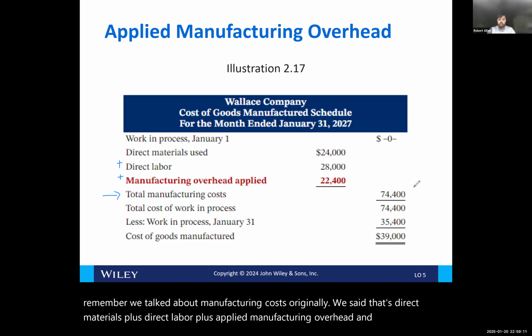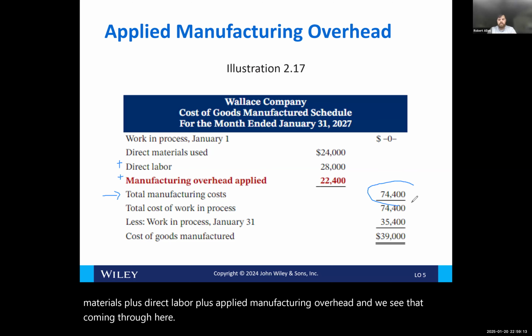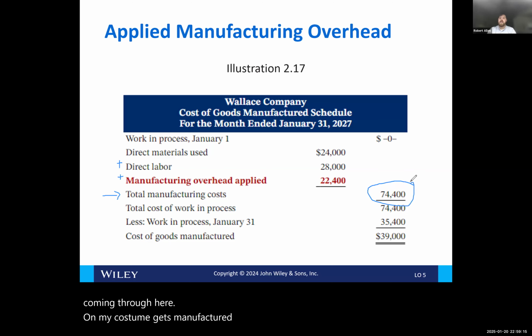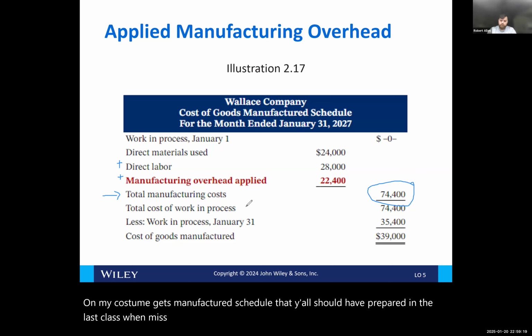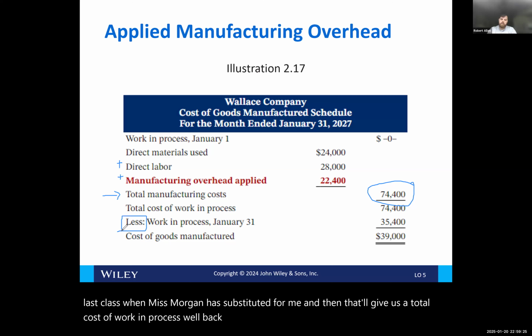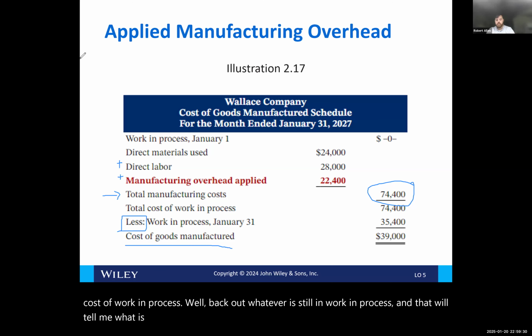And we see that coming through here on my cost of goods manufactured schedule that y'all should have prepared in the last class when Ms. Morgan substituted for me. And then that'll give us a total cost of work in process. We'll back out whatever is still in work in process, and that will tell me what is manufactured. That is the stuff that is finished. And so we see that here.